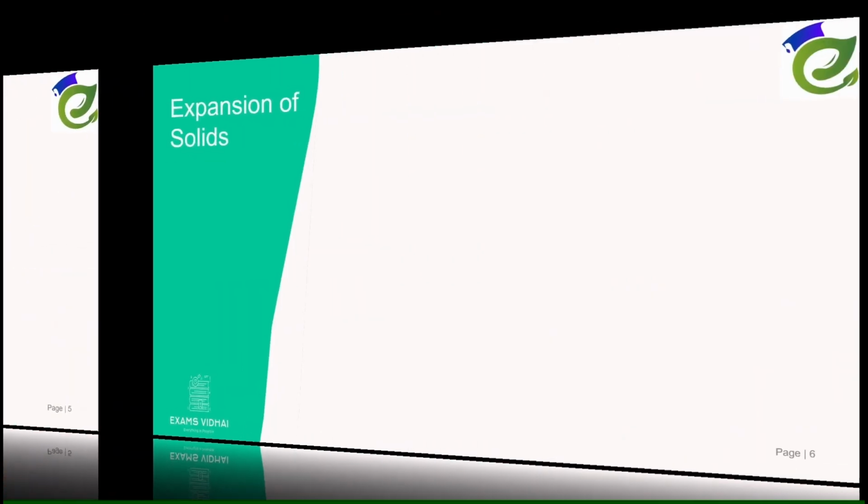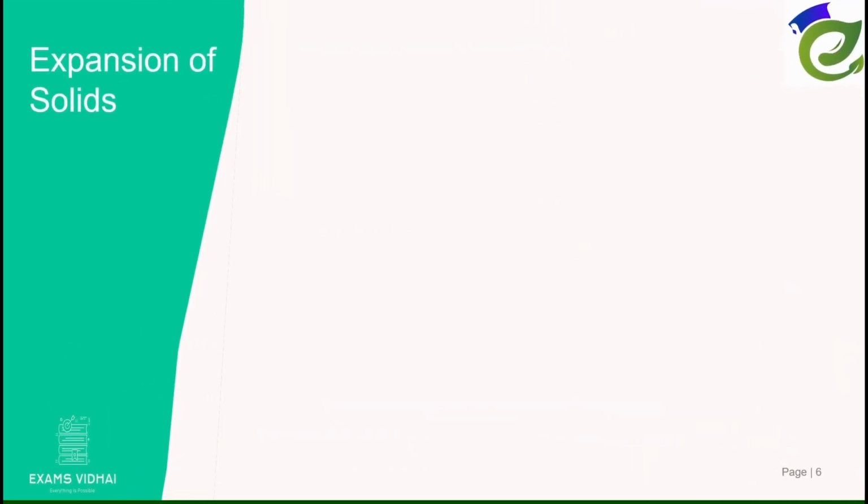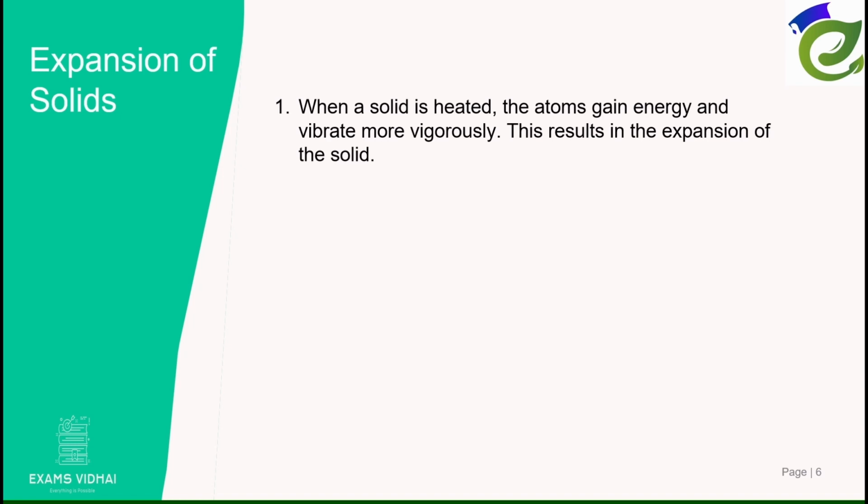Now, let's look into the expansion of solids. When a solid is heated, its atoms gain energy and vibrate more vigorously. This results in expansion of the solid. As you know, the solid is a very rigid object, so the atoms cannot move very freely. Instead, what they do is they vibrate more vigorously when they gain more energy.